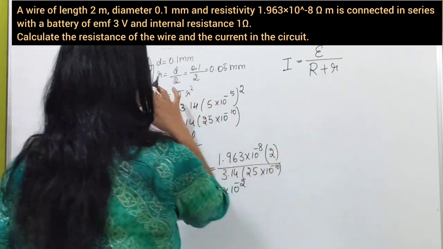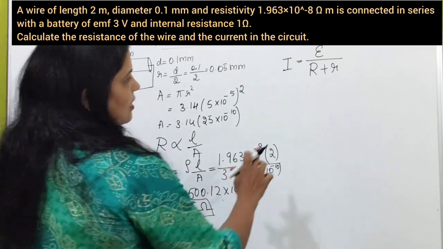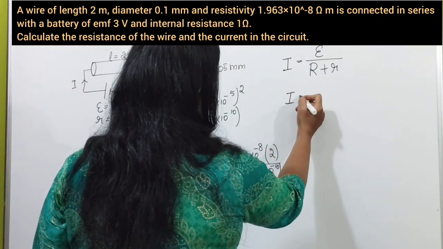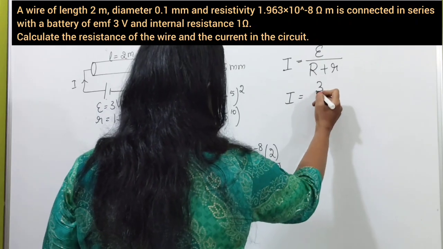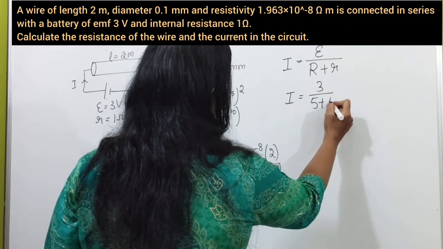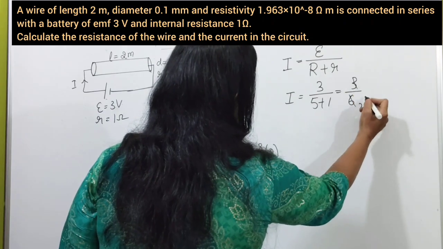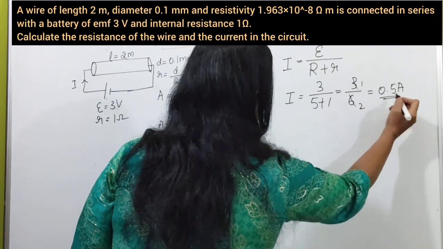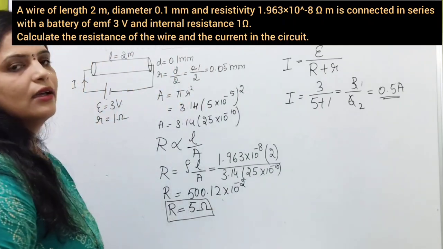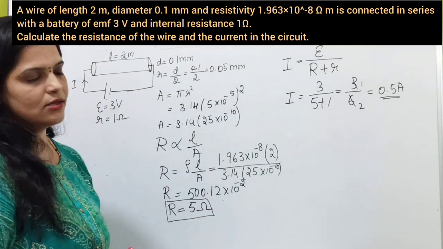You add the total resistance, external resistance plus internal resistance. So current is equal to EMF of the cell, 3 volt, divided by 5 plus 1, which is 3 by 6, that is 1 by 2, which is 0.5 ampere. So this is very simple compared to the other questions, right?